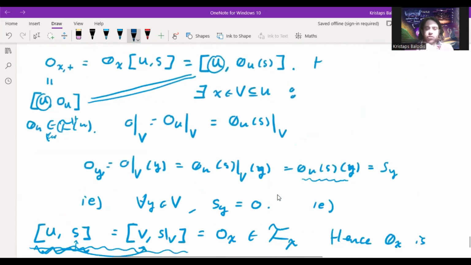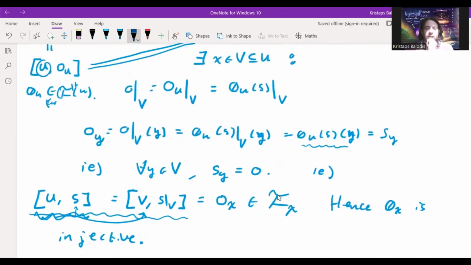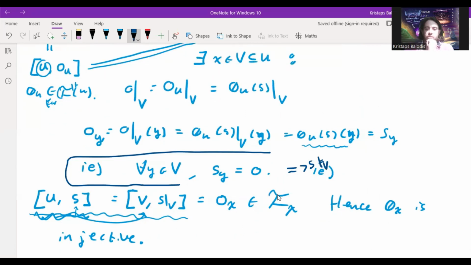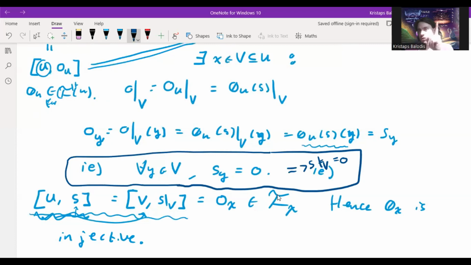And yes, so that's exactly this implication, rather, that S restricted to V is the zero section, right?